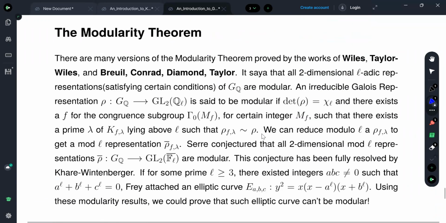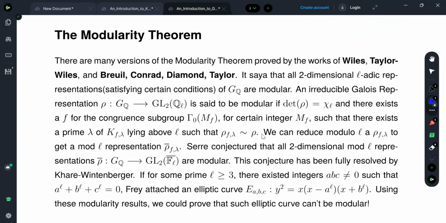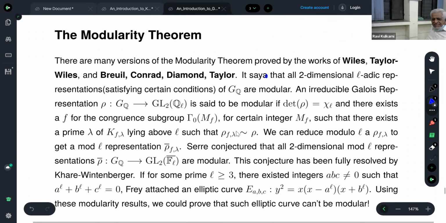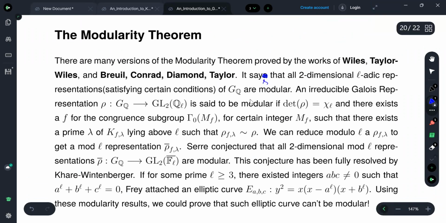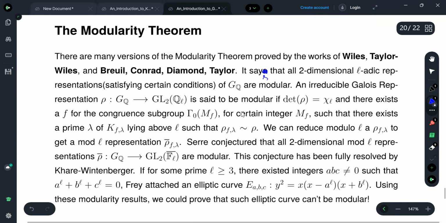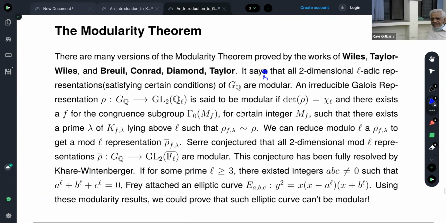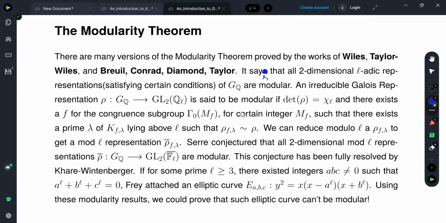And here is the modularity theorem, and it says that, yeah, we have heard this. What is M_f here? Sorry, capital M_f. How are you relating that? Yeah. So capital M_f is the level that we have to consider for this.